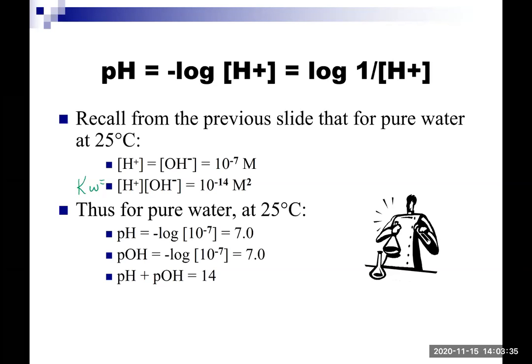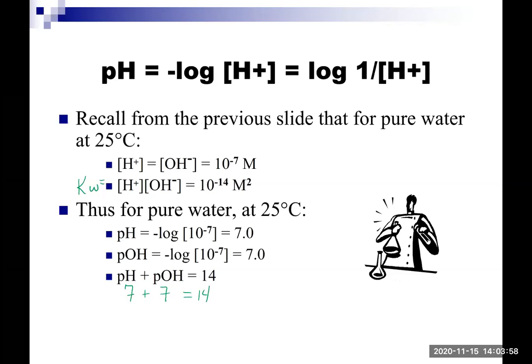The pOH is going to be equal to the negative log of 1 times 10 to the minus 7, which equals 7. So if we have the pOH plus the pH at room temperature, the pH is 7. The pOH is 7. 7 plus 7 equals 14.